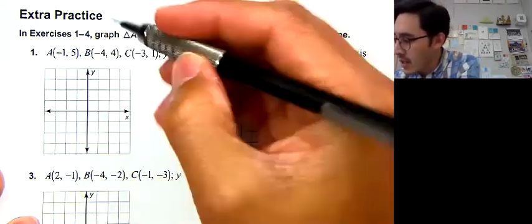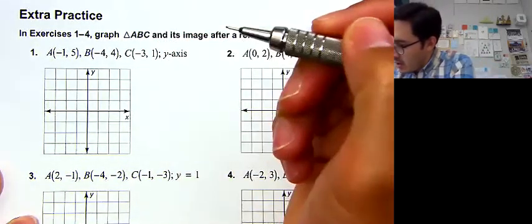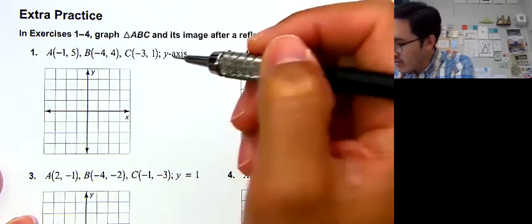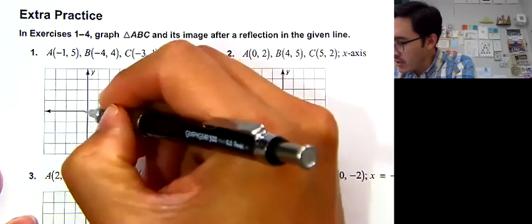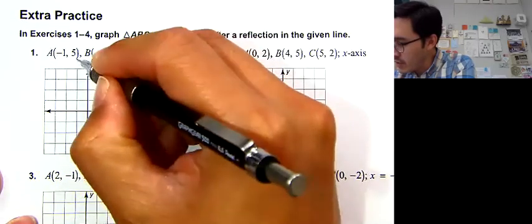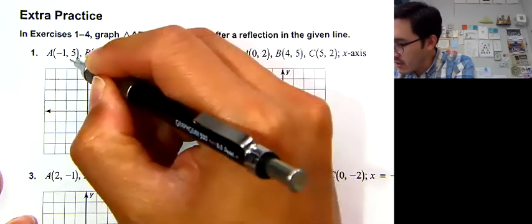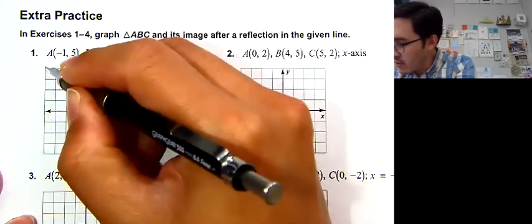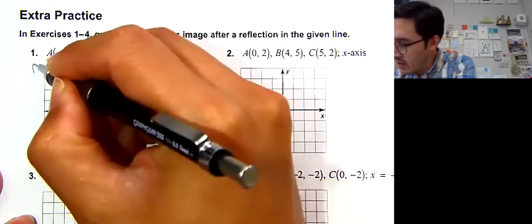Okay. So let's see. How should we do this? Well, let's try -1, 5, which would be up here. That's point A. -4, 4, be right there.